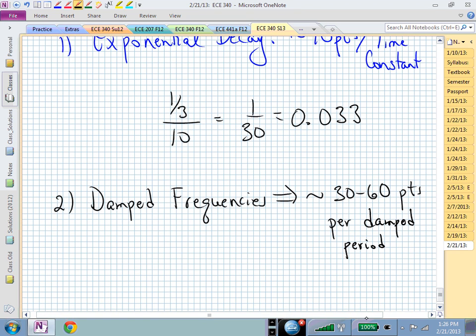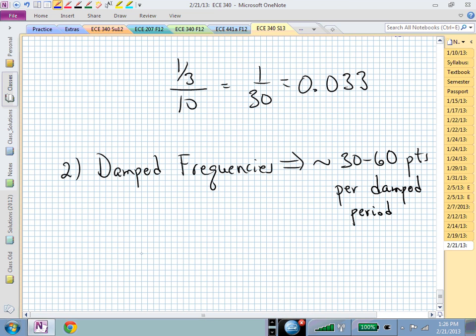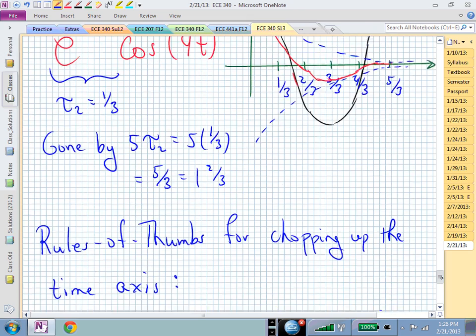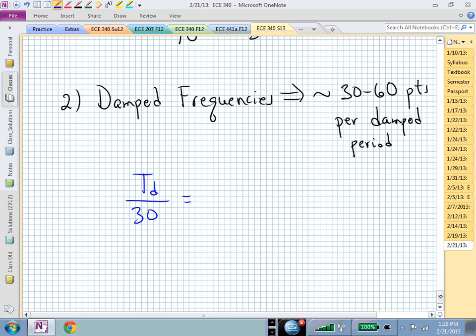Meaning, in our particular example, we had a damped period T sub D, and we want to now, let's just do the smallest number of points. Let's say it's 30. What was T sub D before? That was pi over 2, wasn't it? So now we want to sample or put 30 points in that one interval.